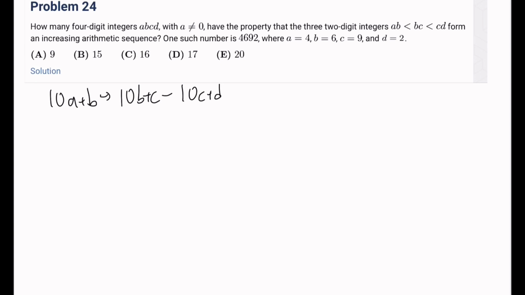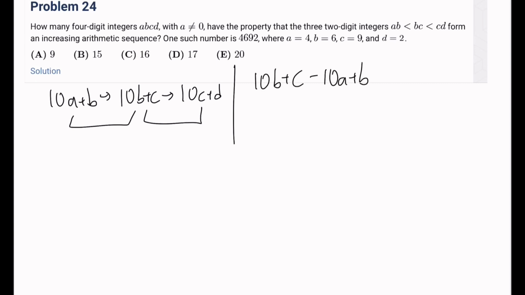Our differences form an increasing arithmetic sequence, right? So the difference between these two values will equal the difference between these two values. That is 10b plus c minus 10a plus b, and that would equal 10c plus d minus 10b plus c, right?